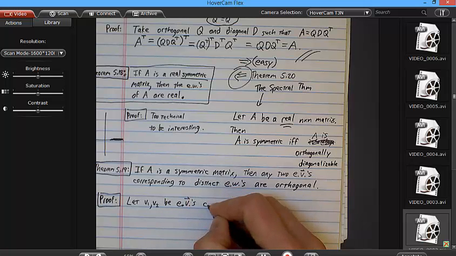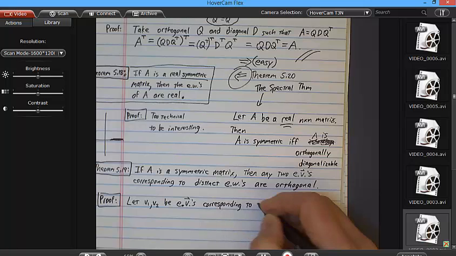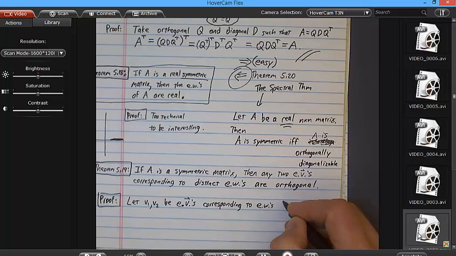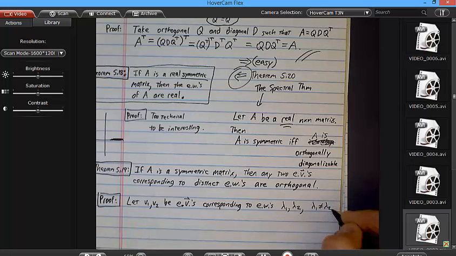It's good to have shorthand. Corresponding to the eigenvalues, and I'll say they're lambda 1 and lambda 2 respectively. And I'll say lambda 1 does not equal lambda 2.